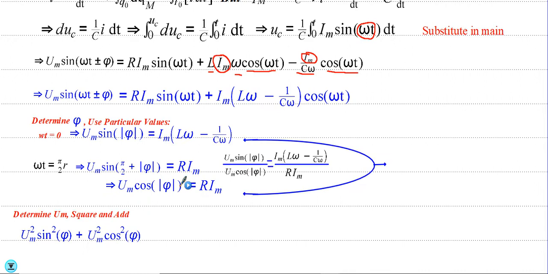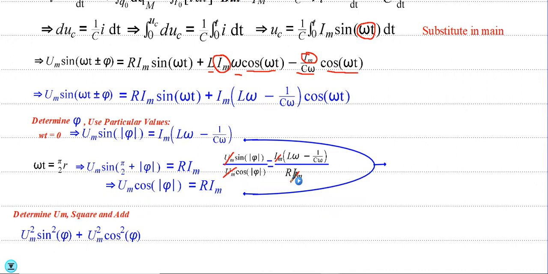Based on that, if we divide the left part of the first equation by the left part of the second equation, it is equal to the right part of the first equation over the right part of the second equation, and we will get this one. What's interesting here is that u of m will cancel out and I m will cancel out.